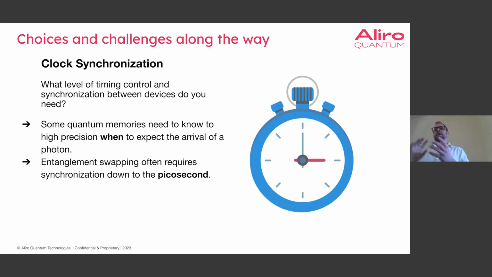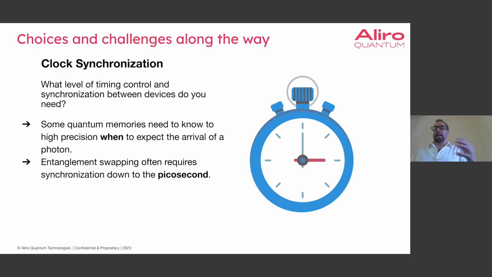For example, there are certain kinds of quantum memories that can store a qubit coming in as a photon very well, but it has to know when to expect that photon. And so if that was sent by some other node and you're receiving this, you need to know exactly when that node sent that photon to be able to know exactly when to expect it. And so having that high level of synchronization is important for this task.